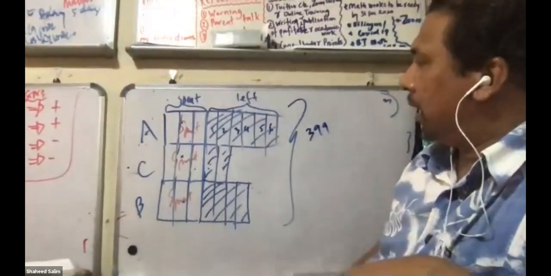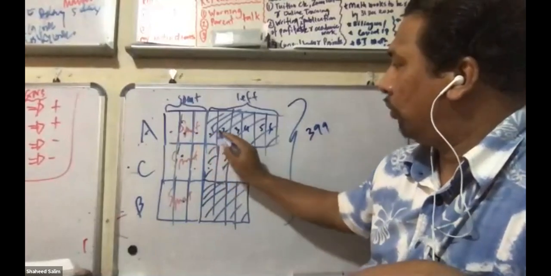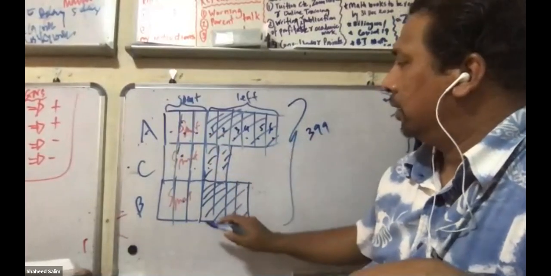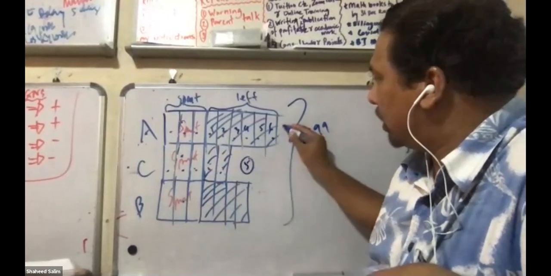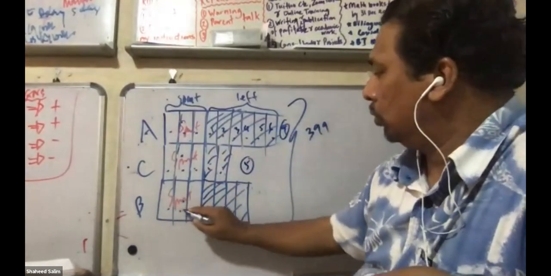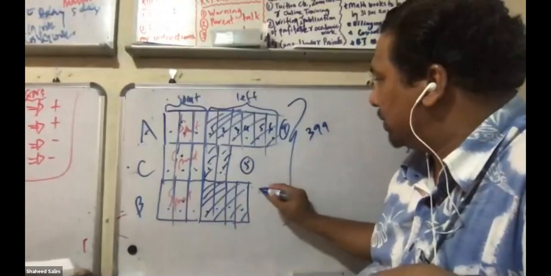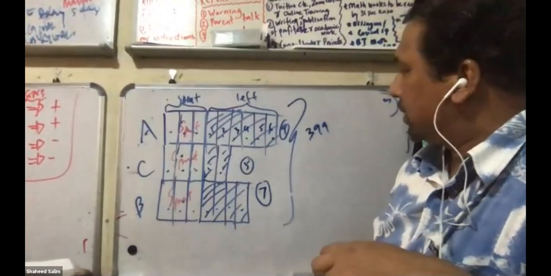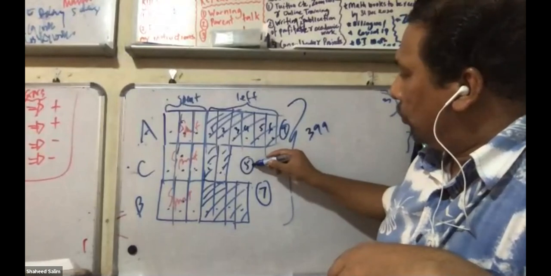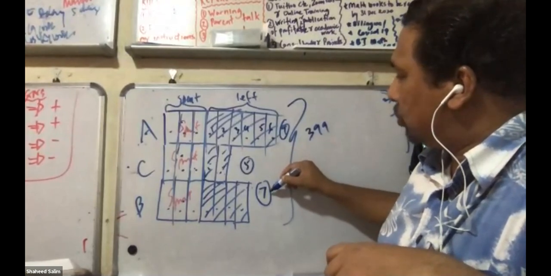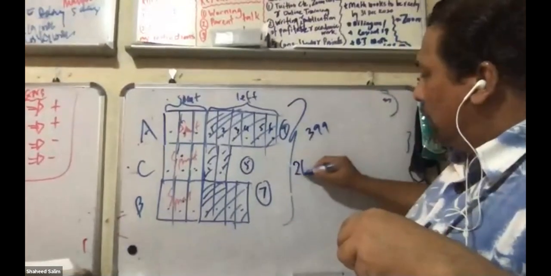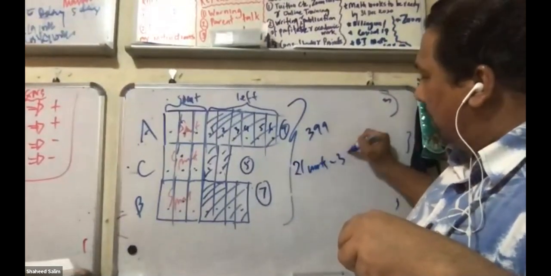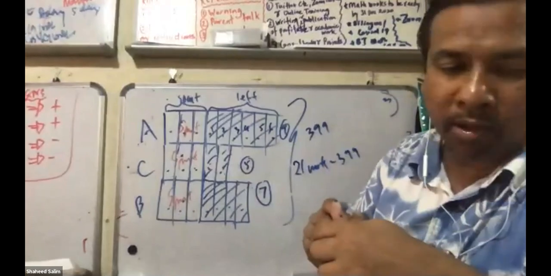But how many units are there? 1, 2, 3, 4, 5, 6, 7, 8, 9. So this one is 5 units, this one is 9 units, and this one is 7 units. So let's calculate now. 5 plus 7 is 12, plus 9 is 21 units. 21 units is 399. Iman, can you check now how much is 1 unit?